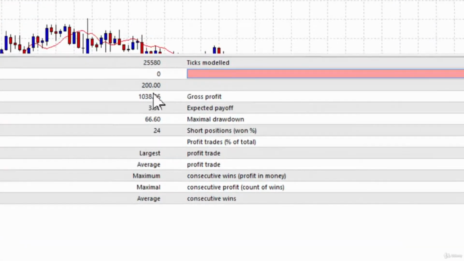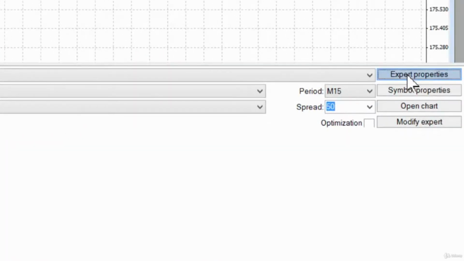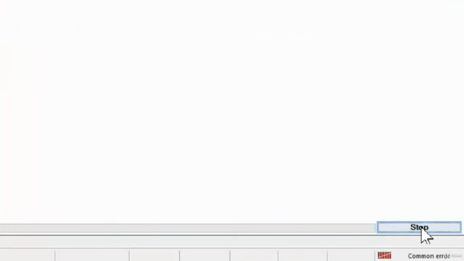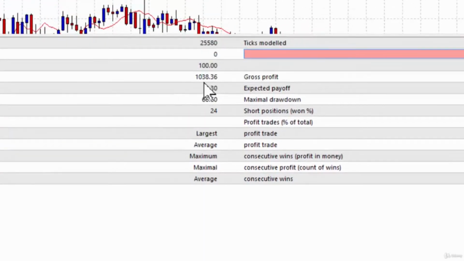Even on $200 in our account, we're still making $1,000 profit. So let's keep on going. This is amazing. $100. Gee, that's very low. And even on 100, we are making that amount of money.